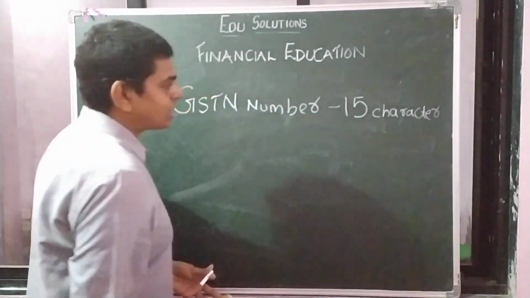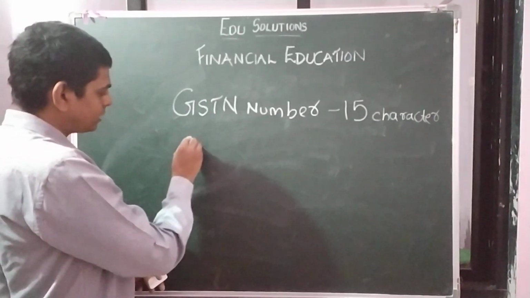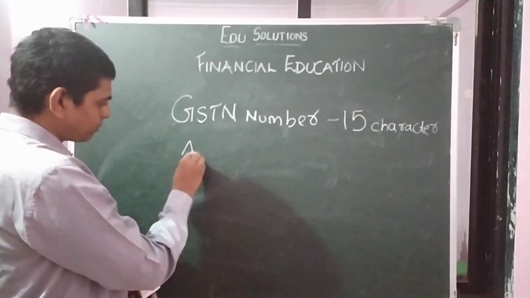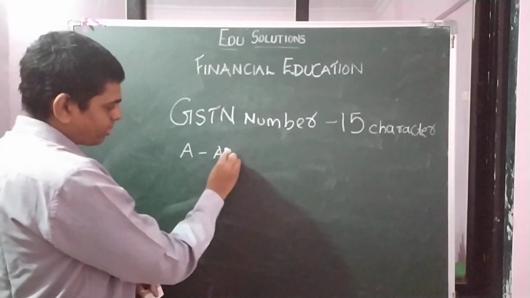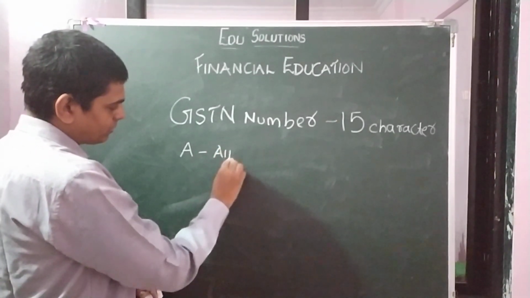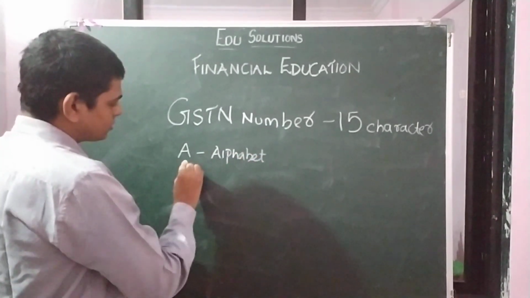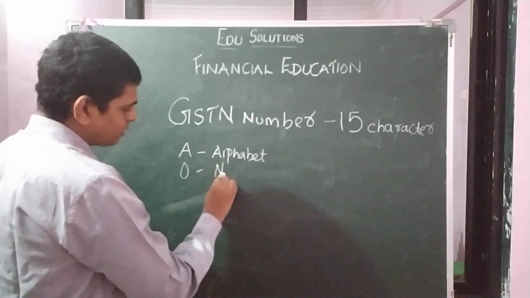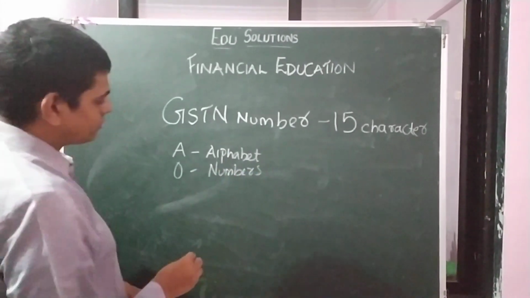First, starting with the GSTN number. The GSTN number is 15 digits, as I said. I am writing A in place of alphabet and 0 in place of numbers for expansion.